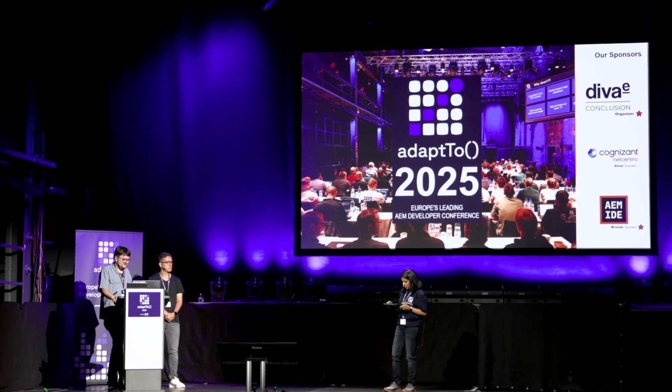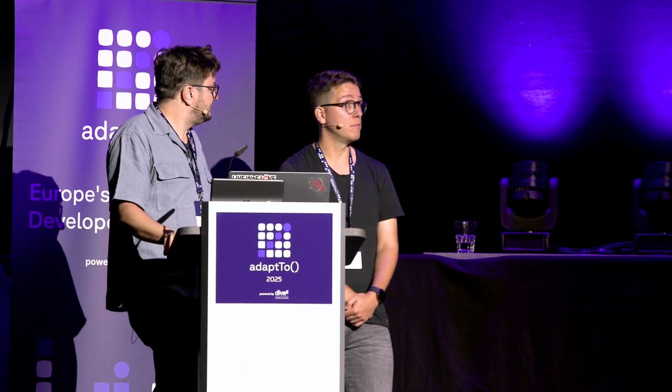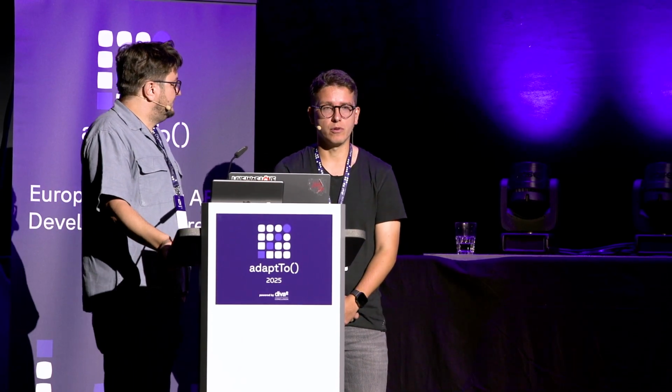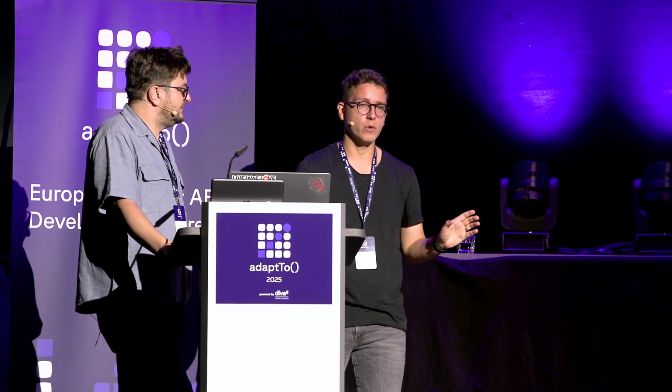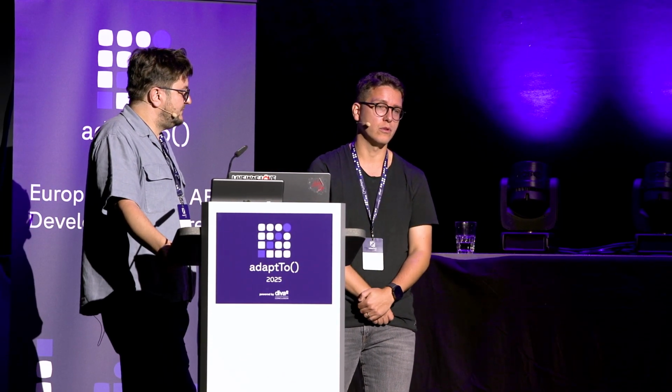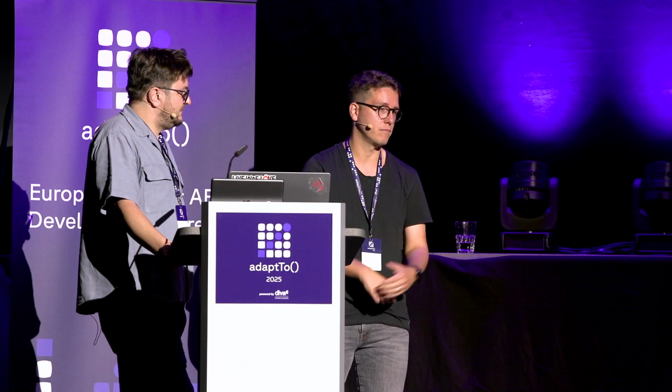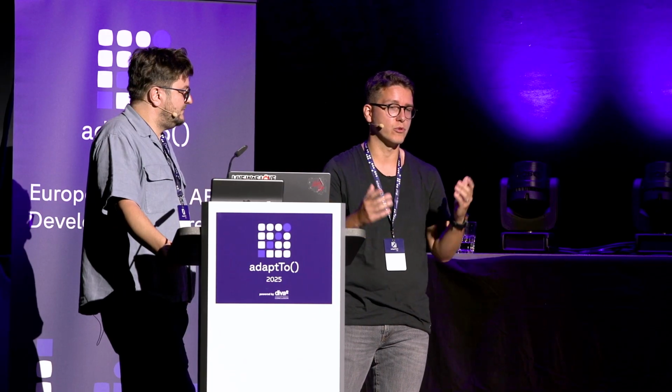Next one: how does error handling and logging work in the Edge Compute environment? For the logging part, if you're familiar with log forwarding, it works exactly the same way. You can configure your own logging endpoint and log whatever you want from your code.